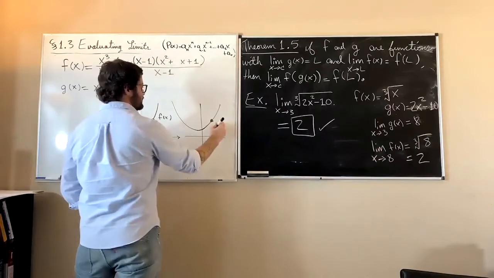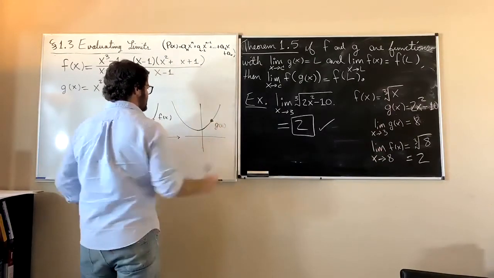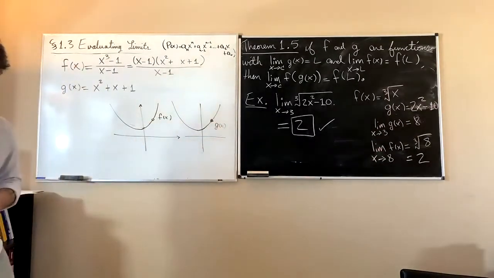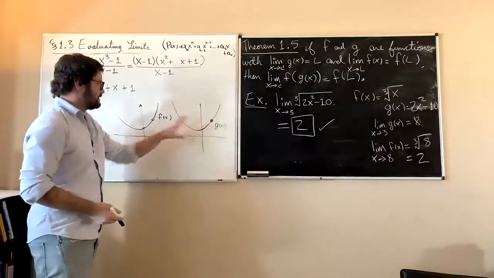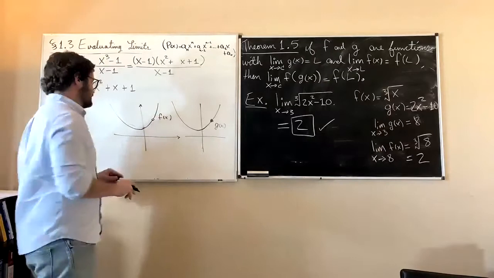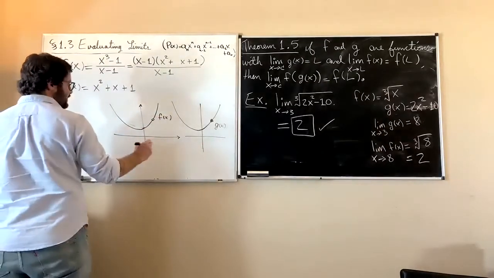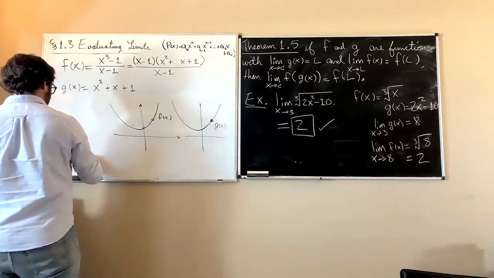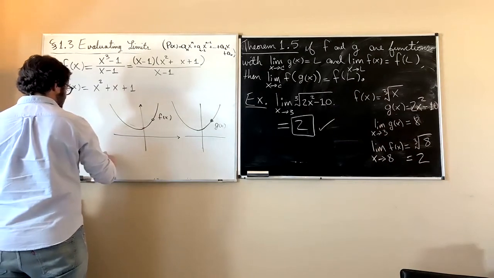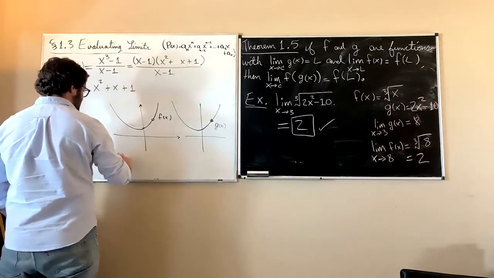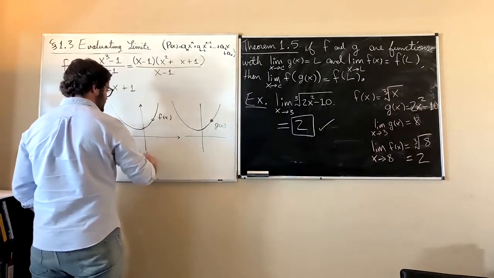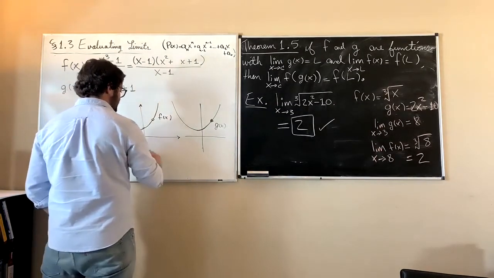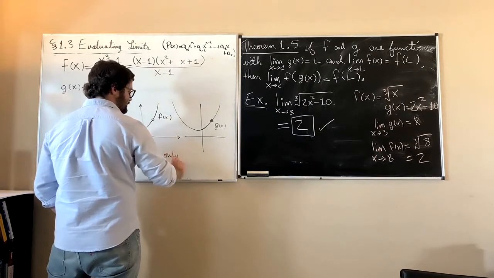This is g of x. Notice now that these functions differ at exactly one point, namely x is equal to 1. So f of x and g of x differ only at x equals 1.